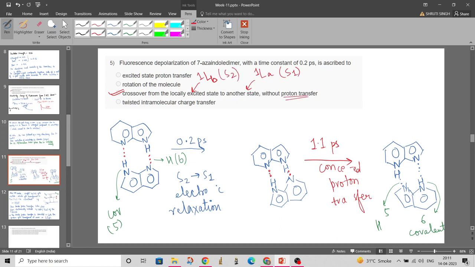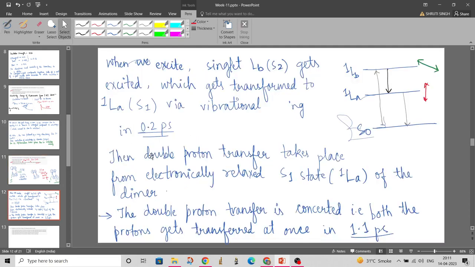So this is important: this is the crossover from S2 to S1 without the proton being transferred. So I hope the question and the answer are clear. So let's move to the next one.